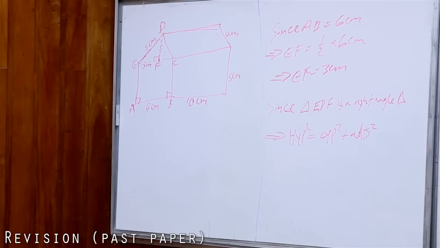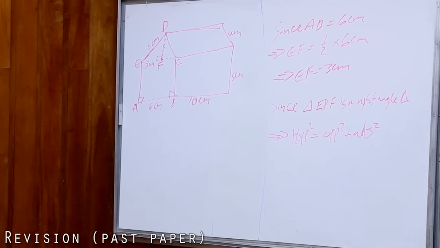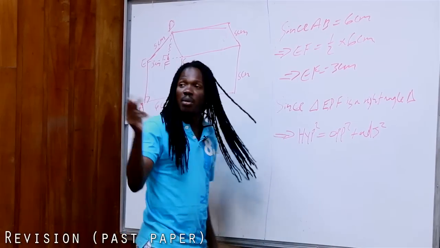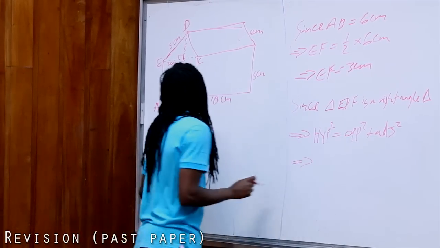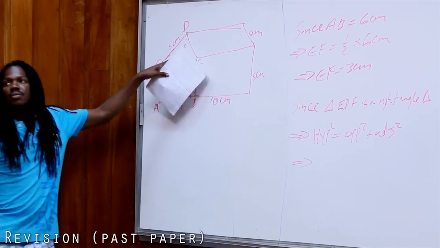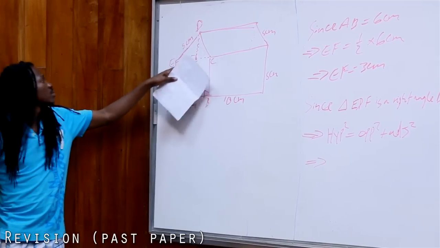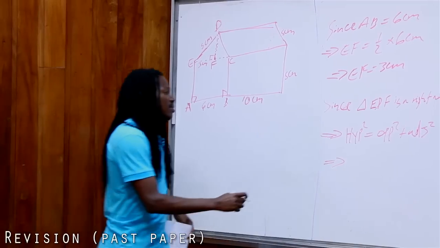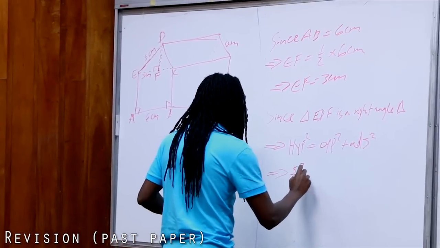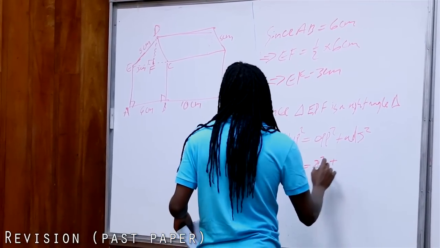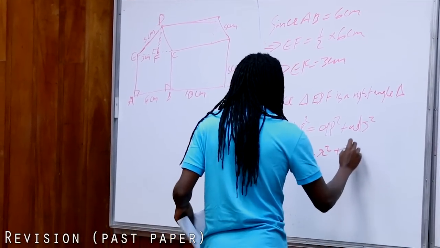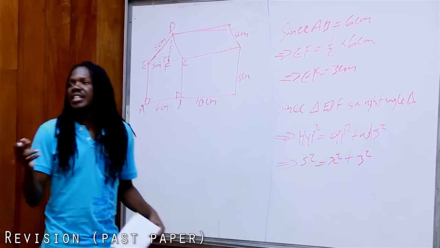So it has nothing to do with sine or anything. I'm preparing you for the test. This implies, which one is the hypotenuse? 5 squared equal to x squared plus 3 squared. How do we know the opposite and the adjacent?